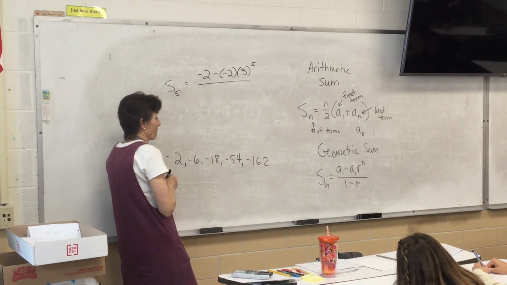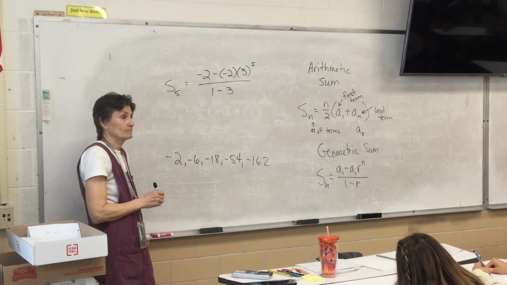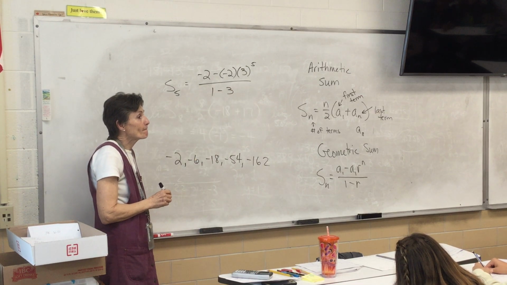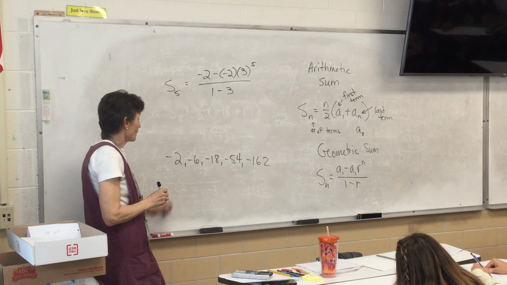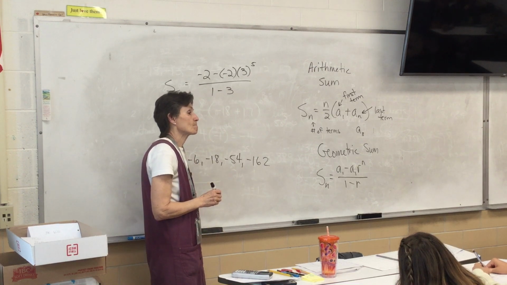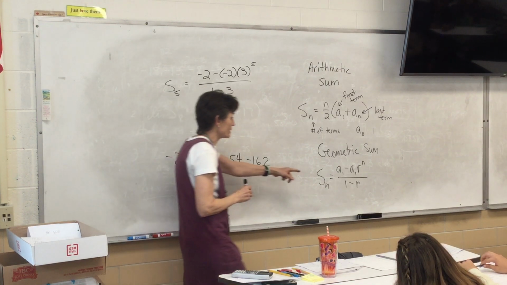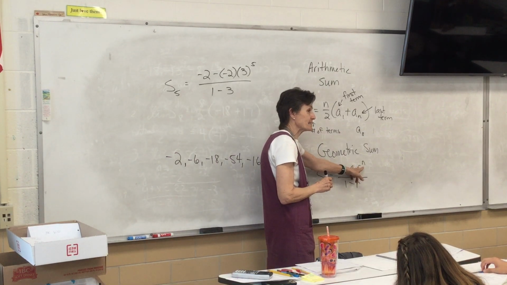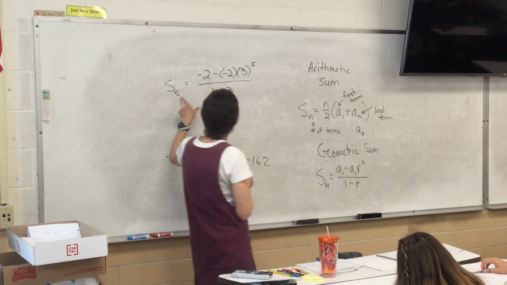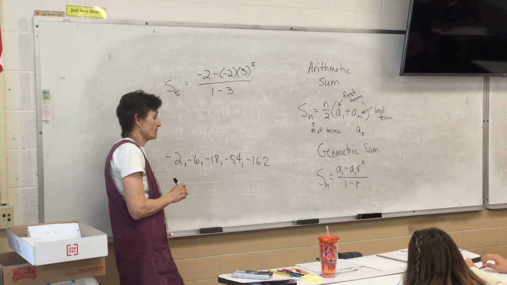Over 1 minus 3. And 1 minus 3, perfect. Olivia, how'd you get 3 to the 5th? What am I multiplying by to get from term to term? 3, so R is 3. What did we already say N was? We already said N was 5. So we have 3 to the 5th.